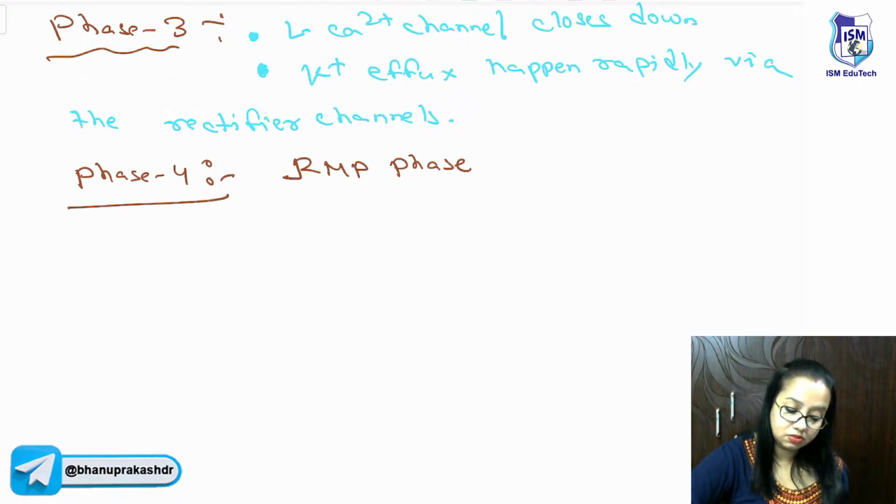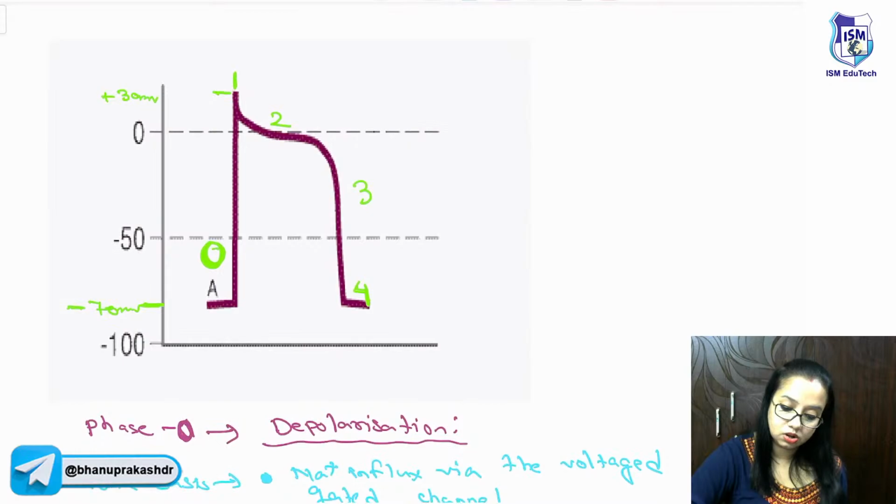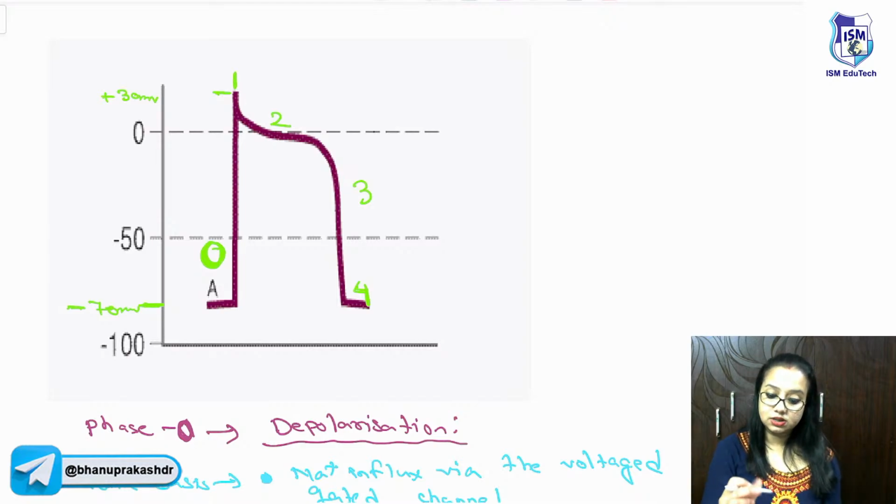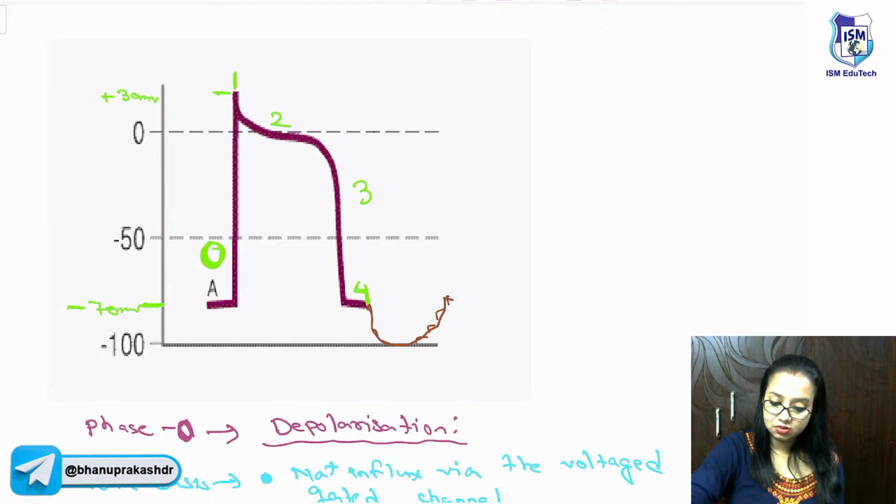One thing here we have to see is that unlike what we saw in the skeletal muscle fiber and nerve fiber, the repolarization is not something that goes down like that, right? No, this never happens.